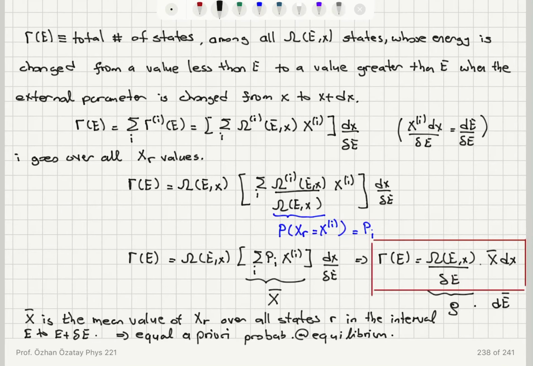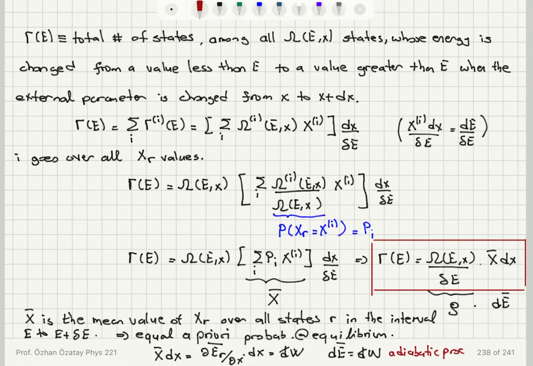Now this x bar dx will be ∂Er bar/∂x dx, which is the work done on the system, d bar w, and dE bar is equal to d bar w for an adiabatic process.